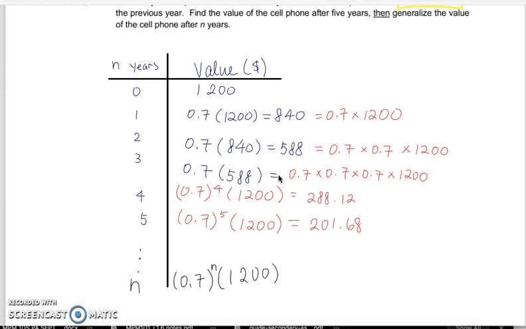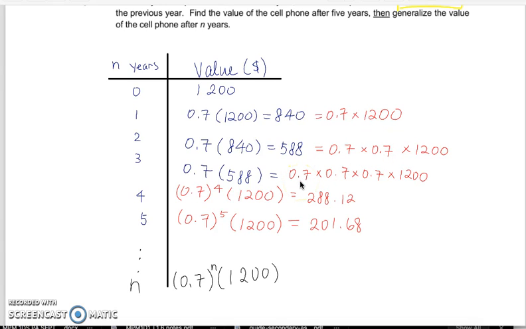Let's see if there's really a pattern. Well, in year 1, we multiply by 0.7 times 1,200. Year 2, we are really doing 0.7 of 0.7 times 1,200. Year 3, we multiply this previous result by another 0.7.